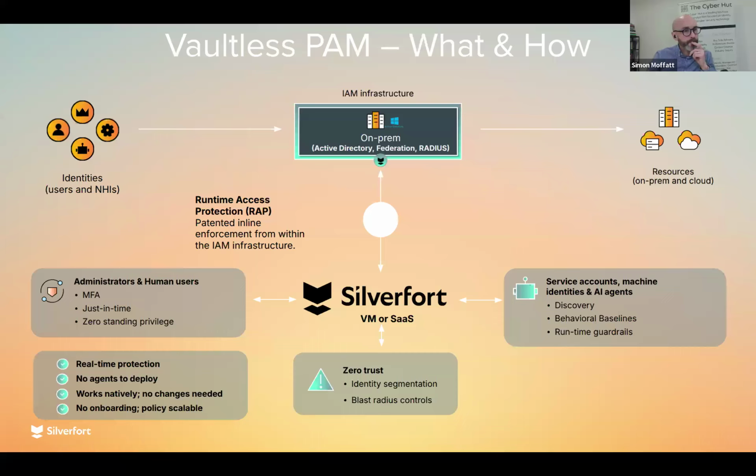But the important part then, over the top of that discovery and knowing about that attack surface, is being able to put guardrails in. So, for example, if service account X always goes from A to B on a certain protocol, we can learn that behavior and then lock it down without changing anything about how the system works, without deploying agents on the system, because we're able to protect and build integrity of the identity system, Active Directory.